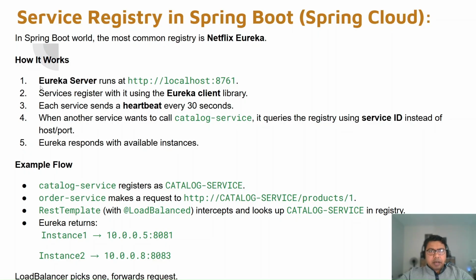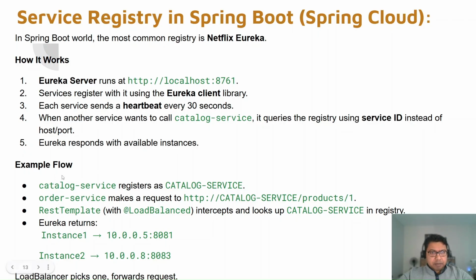When we run the Eureka server, it has a heartbeat and monitors all the services registered with it, say catalog service. When another service calls catalog service, it comes to Eureka, Eureka checks what hosts and ports it's running on, and provides those hosts and ports to the calling service.